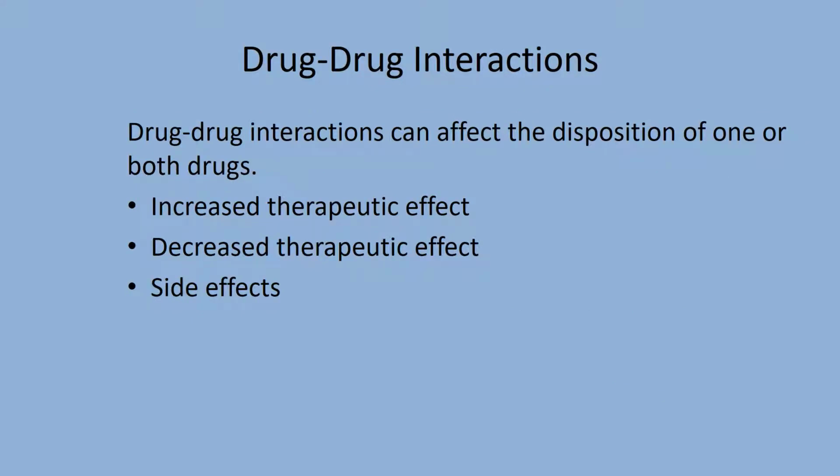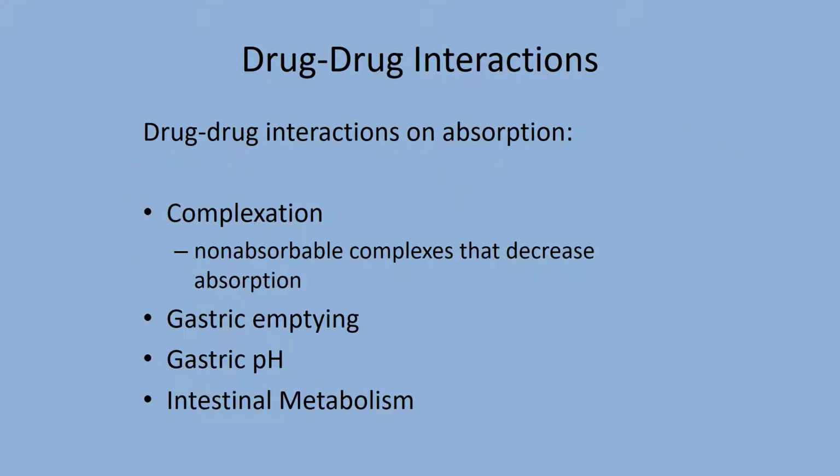Drug-drug interaction. So two drugs taken together, well, you can have an increased therapeutic effect, or they might cancel each other out, or you'll get additional side effects. Every person's different, so their cocktail of medication might interact differently. On absorption, complexation.